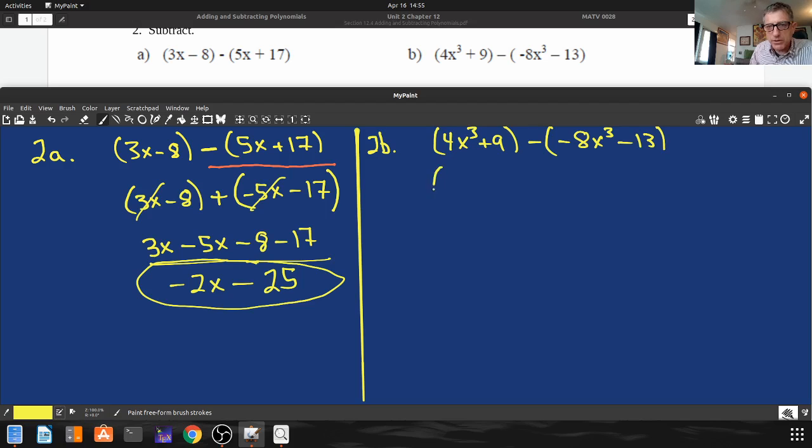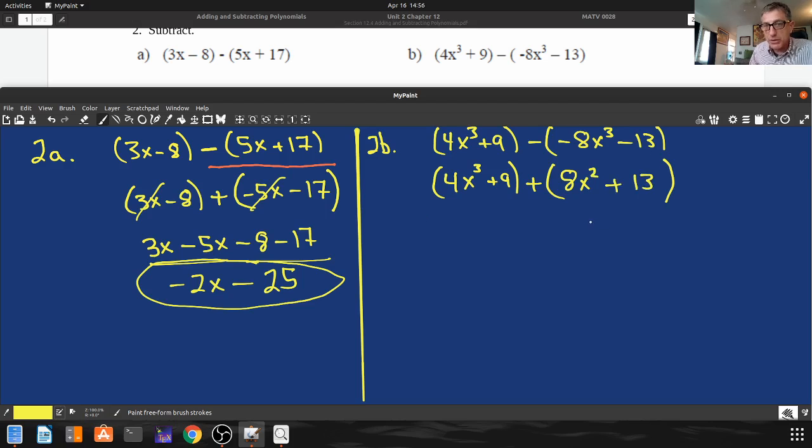So what I'm going to do is change this into the addition of 2 polynomials. So I'm going to change my minus sign to a plus sign. Now I have to pay the price. The price is, I literally just focus on what's in parentheses in the top line, and I change the sign. So minus 8x cubed becomes 8x cubed, and minus 13 becomes plus 13.